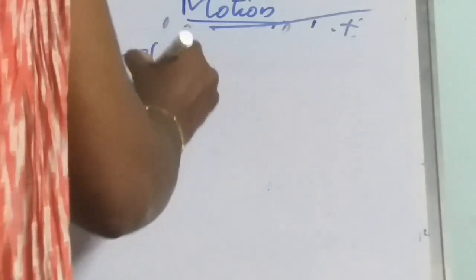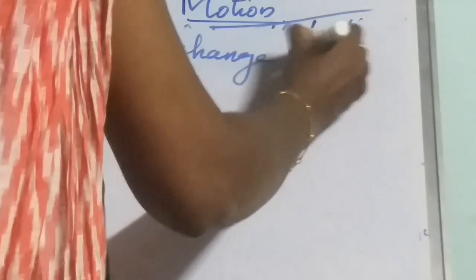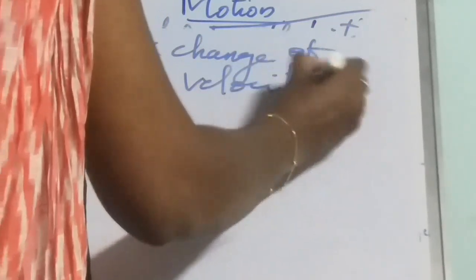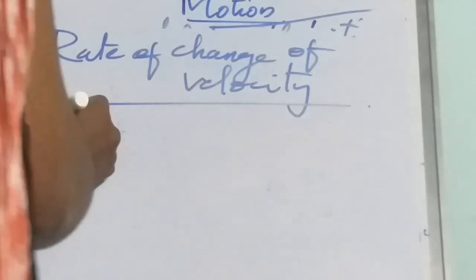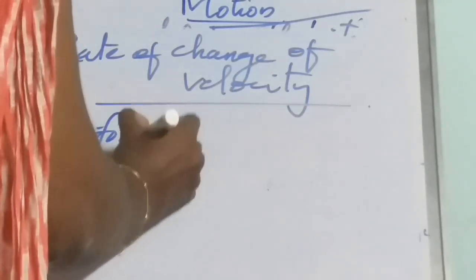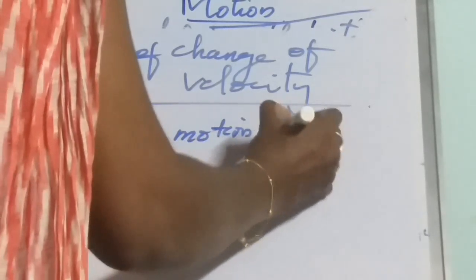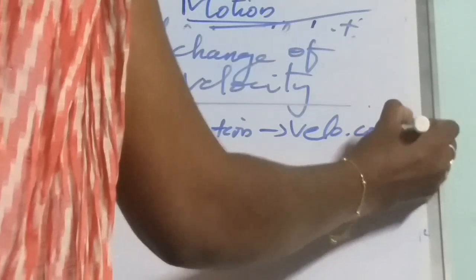The next topic is rate of change of velocity. Suppose an object is in uniform motion along a straight line, its velocity remains constant.